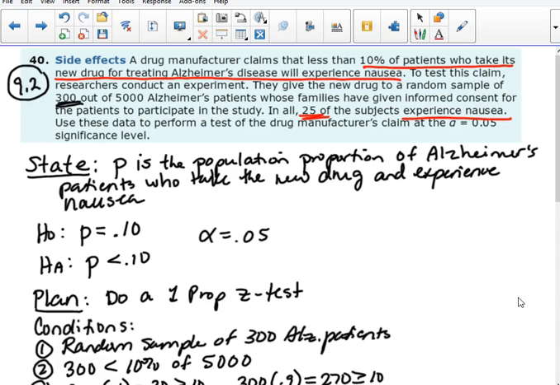And this drug manufacturing company wants to test the claim that less than 10% of its patients who take the new drug will experience nausea. So that's our alternate hypothesis. We want to find out if there's evidence that it's less than 10% at the 5% significance level.